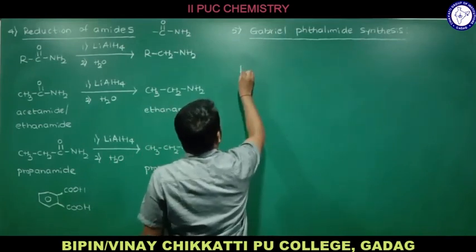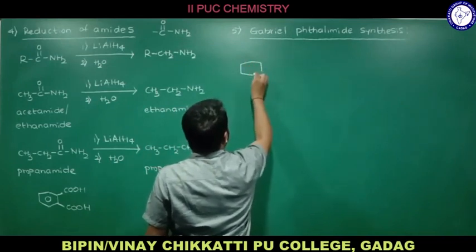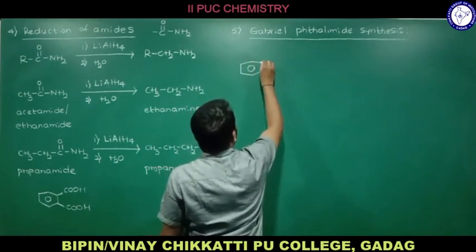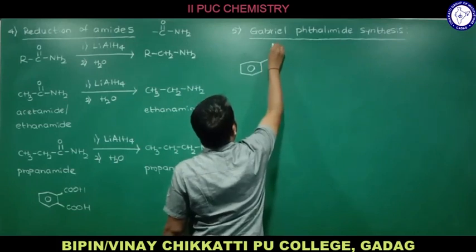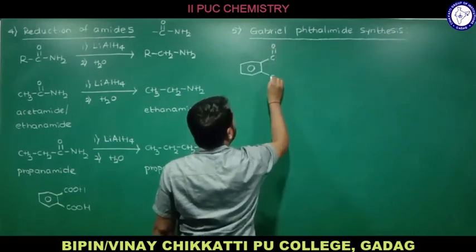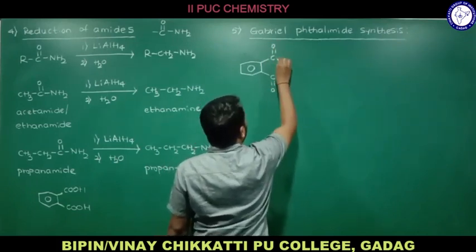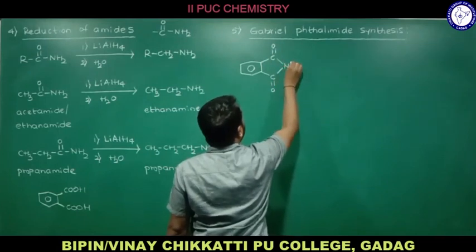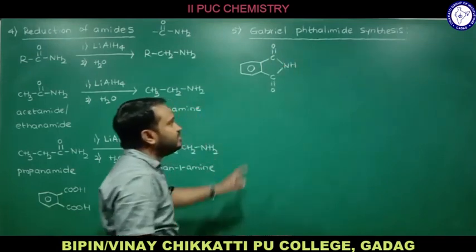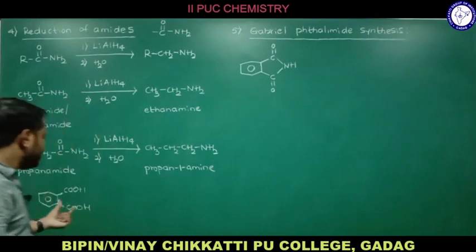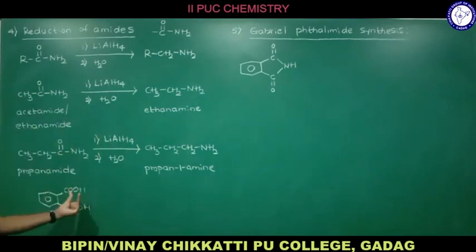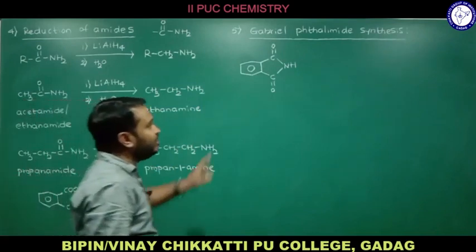Let me write the structure of phthalimide. As I said, benzene ring we have, therefore C double bond O, and here I consider C double bond O, and here I am going to write NH, and that is termed as phthalimide. This is phthalic acid, and if you remove a water molecule, we get phthalic anhydride. So this is phthalimide.